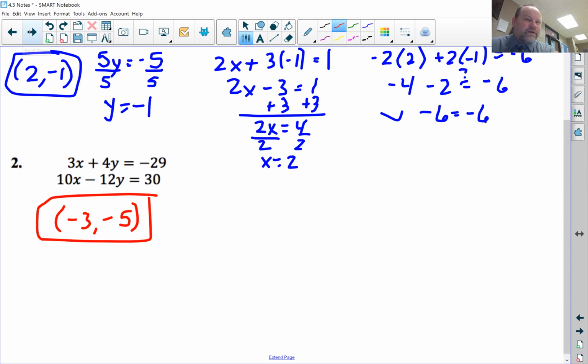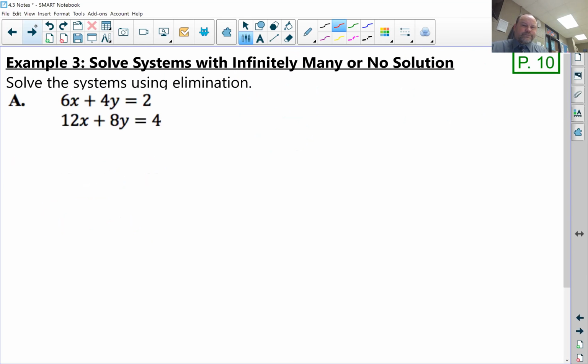Right? Moving on. For the next example, example 3, again, we have a system: 6x plus 4y equals 2 and 12x plus 8y equals 4.